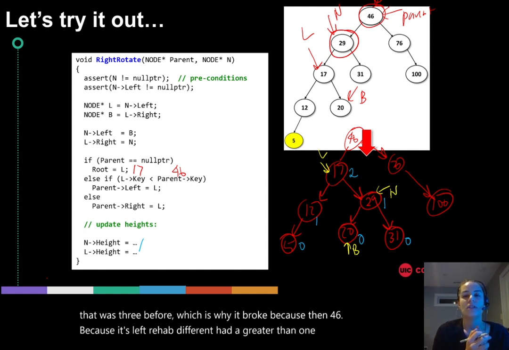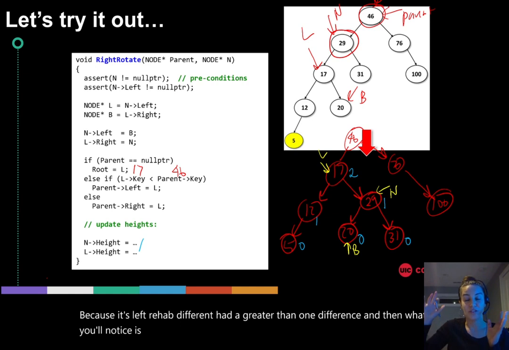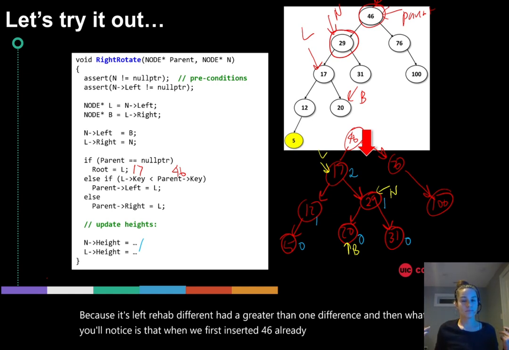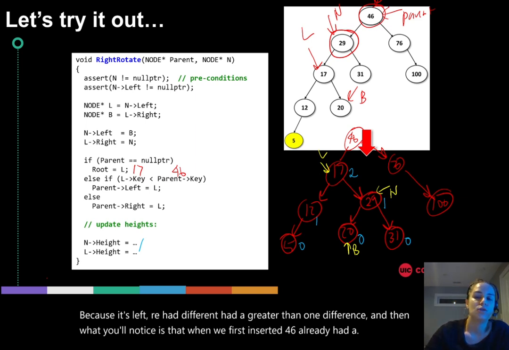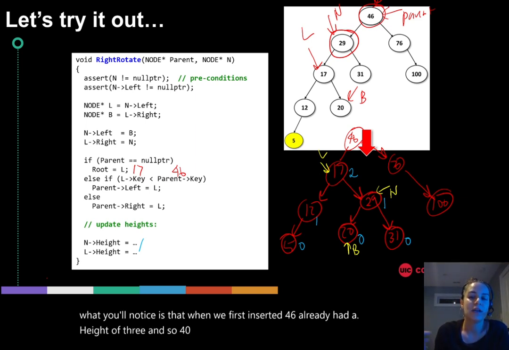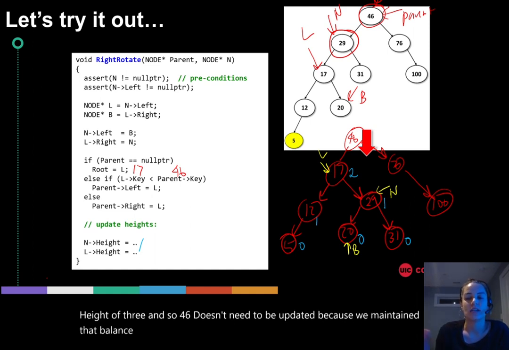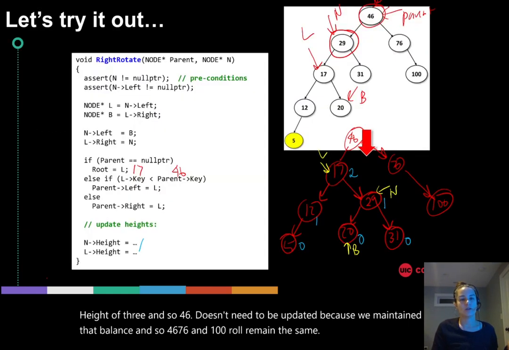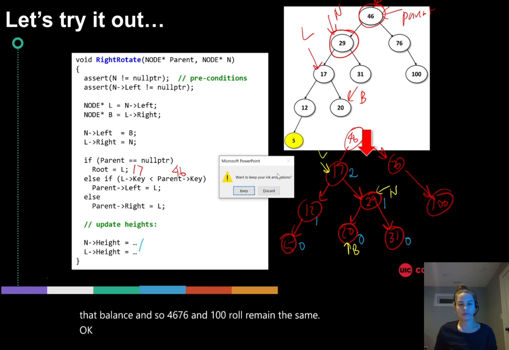What you'll notice is that when we first inserted, 46 already had a height of 3, and so 46 doesn't need to be updated because we maintained that balance, and so 46, 76, and 100 will all remain the same. Okay, so that is how right rotate works.